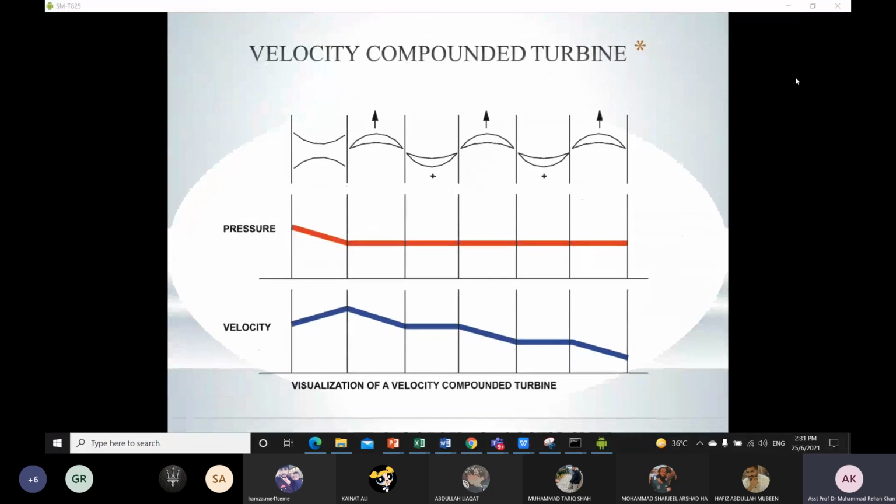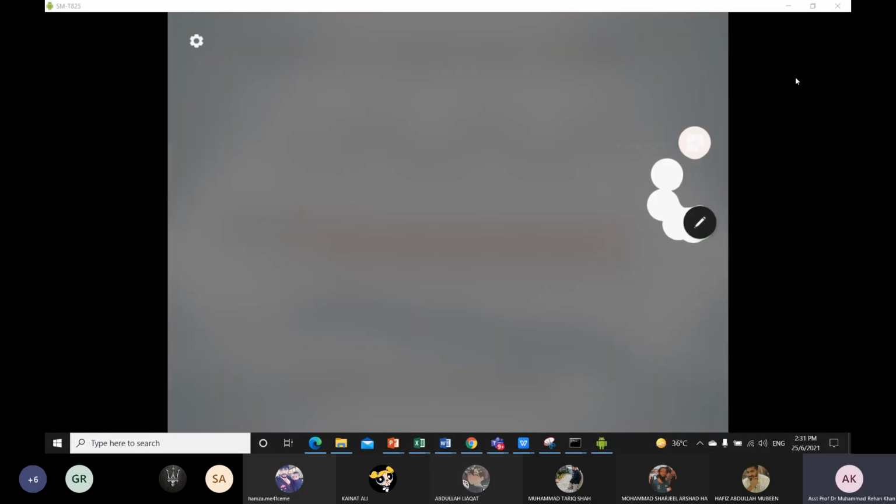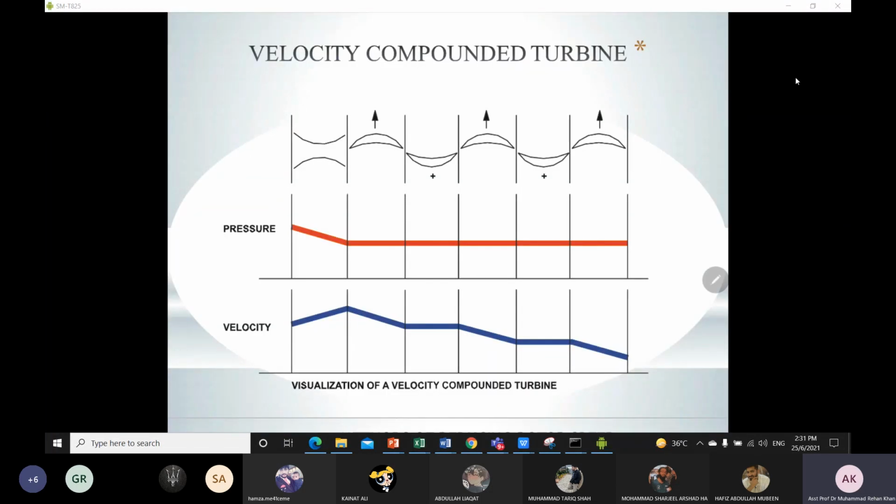And from the pressure velocity diagram, we can easily see that in velocity compounding we have the nozzle, that is the fixed nozzle. We have the moving blade, then the fixed blade, again a moving blade, a fixed blade, and a moving blade.